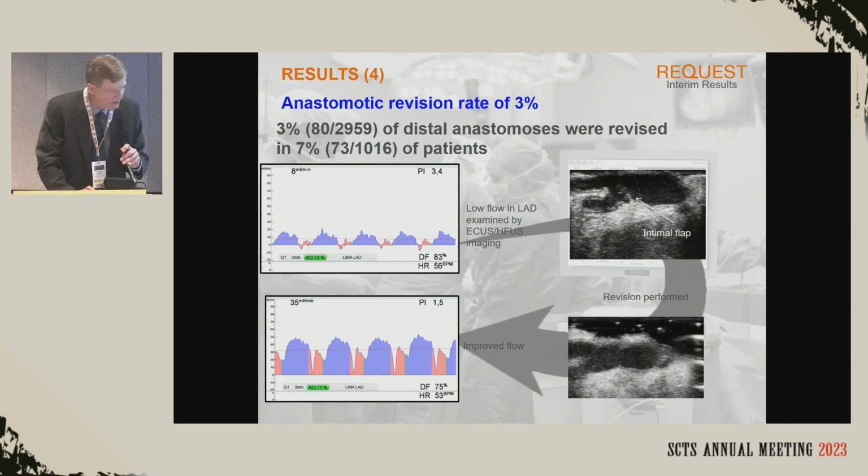Now, the scariest thing is when you do a bypass graft and you don't like the flow in it, and you ask yourself, gee whiz, should I redo this? What are my criteria to do so? How do I know I'm doing the right thing? Well, the revision rate was about 3%. 80 out of almost 3,000 distal anastomoses were revised, and they had to do with low flow, typically documented by TTFM, and then investigated by one or another maneuver, commonly involving use of the imaging probe to seal the deal that we've got to redo this graft.